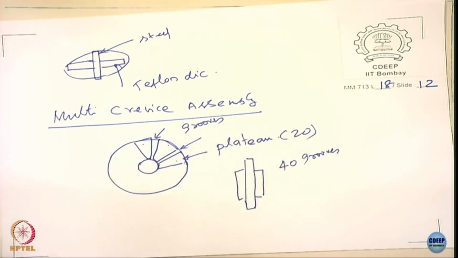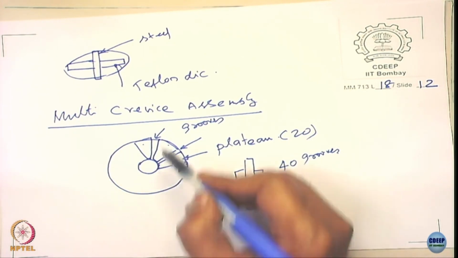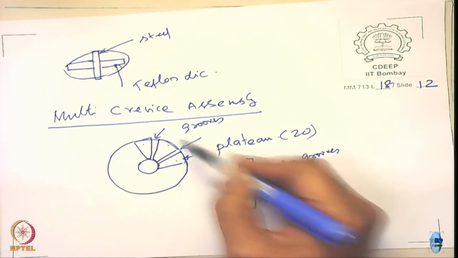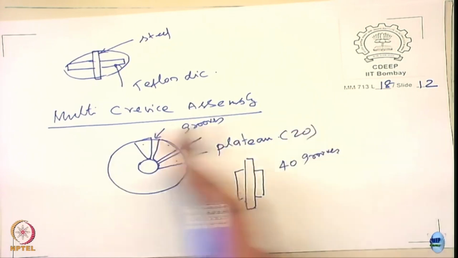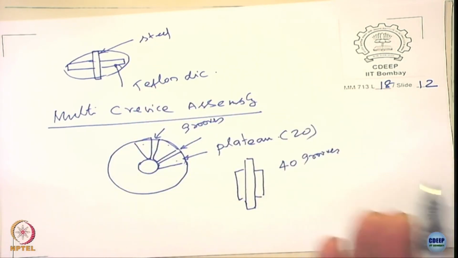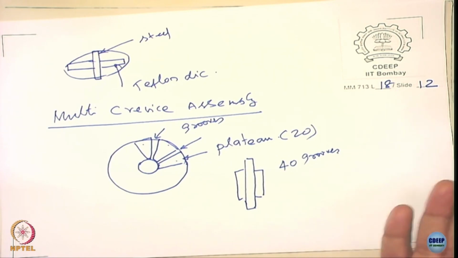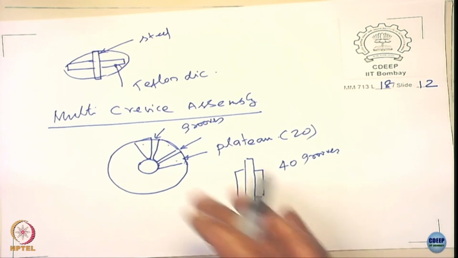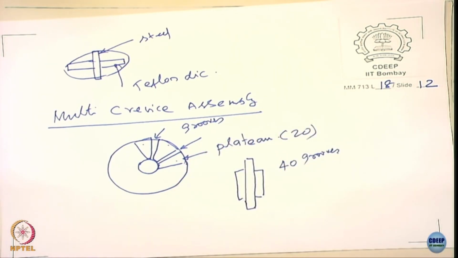So when it sticks on the surface, they form the crevice. There are about 20 crevices formed on one face, and on the other face of the stainless steel sample we have 20 more, so 40 are formed, and you can now expose it in the ferric chloride solution and get the attack.